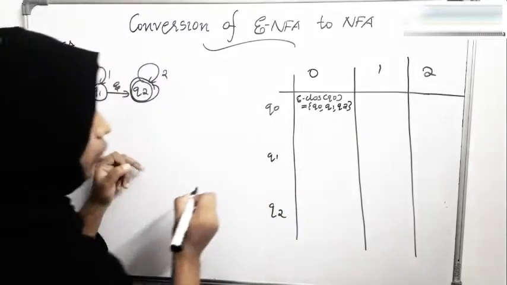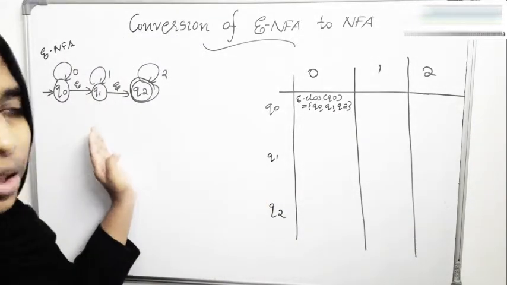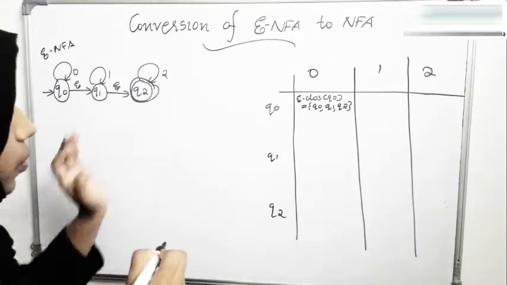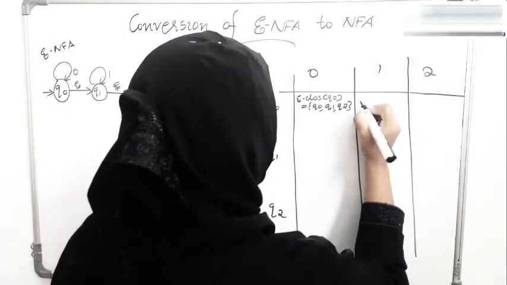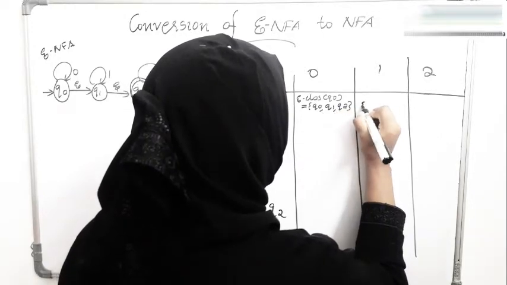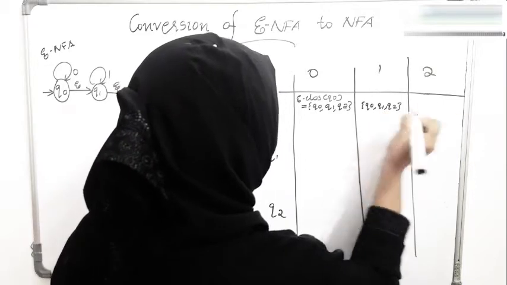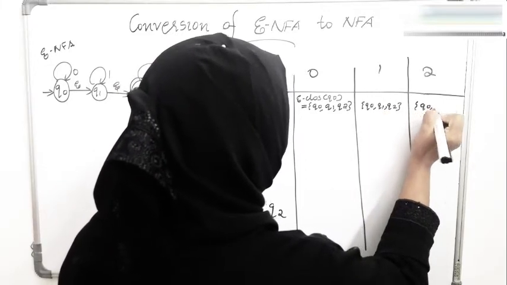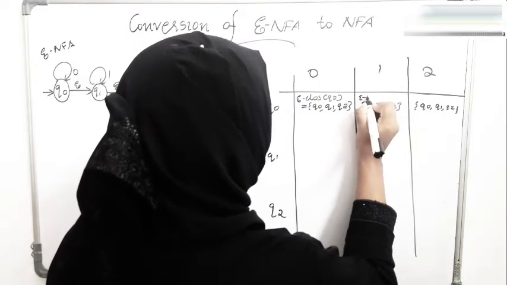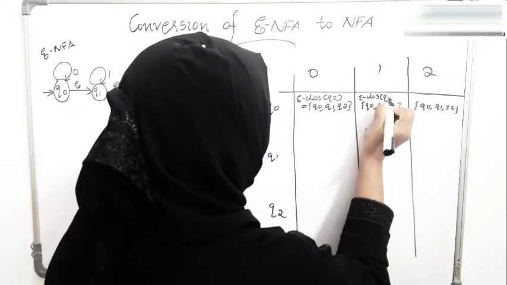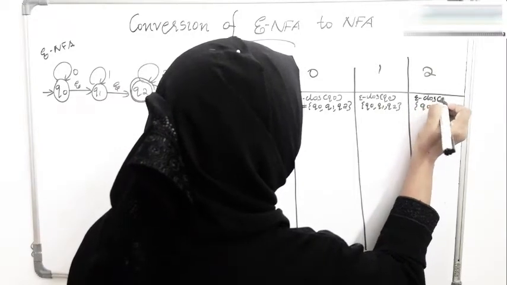That is, the epsilon closure of Q0 is the set of all states that are reachable from Q0 only on epsilon. So E close of Q0 is Q0, Q1, Q2. I'm simply repeating it so that you won't have any doubts here.